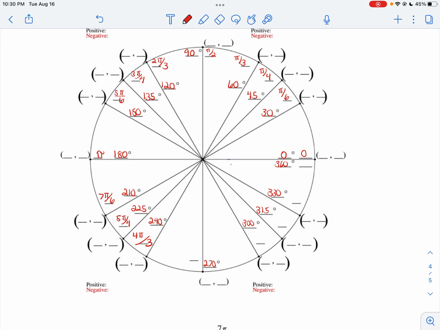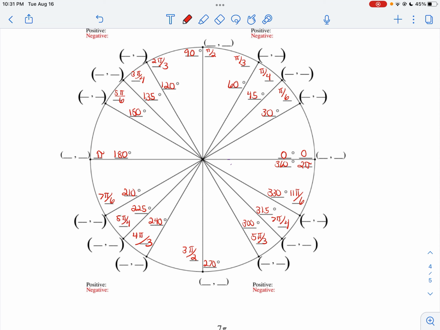And then 270 degrees is 3 pi over 2. 300 degrees, 5 pi over 3. 315 degrees, 7 pi over 4. 330, 11 pi over 6. And last but not least, 360 degrees is equal to 2 pi.